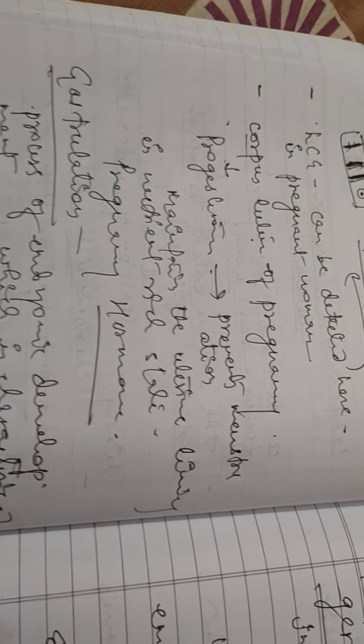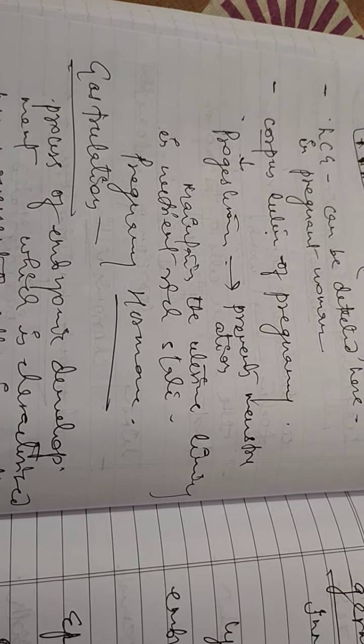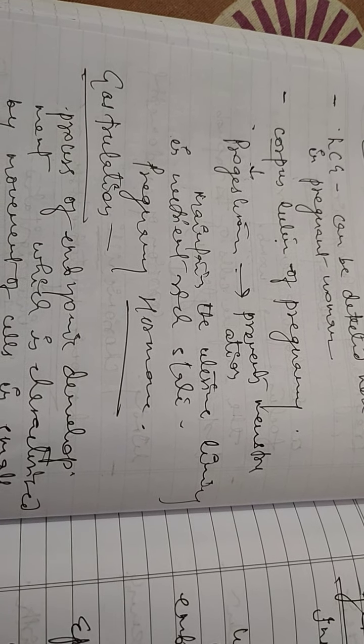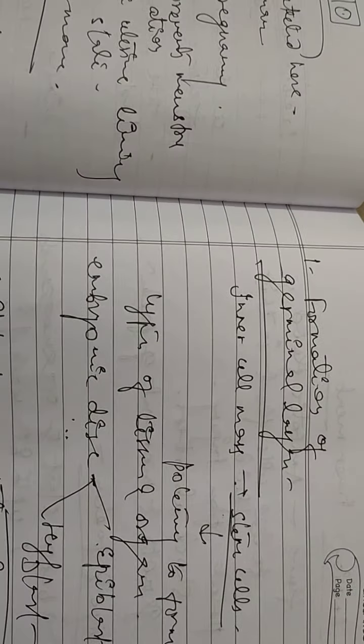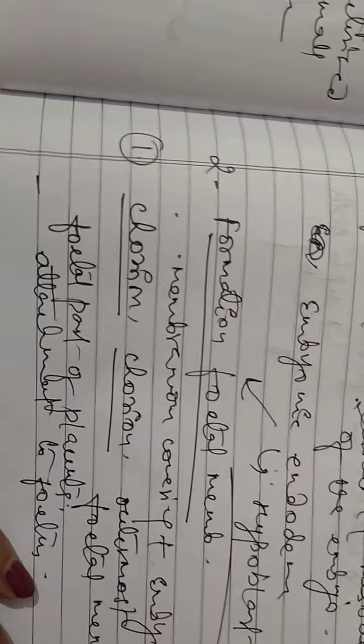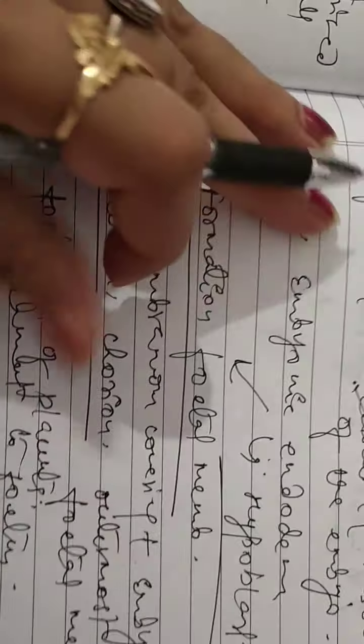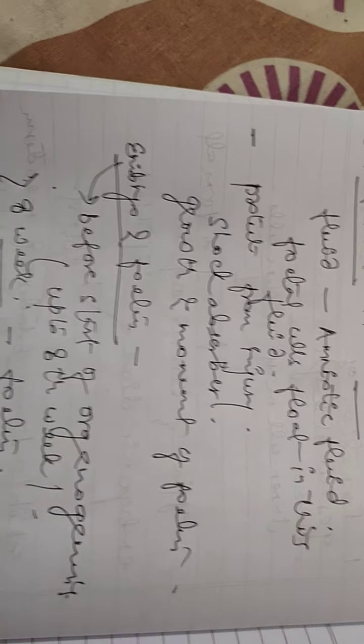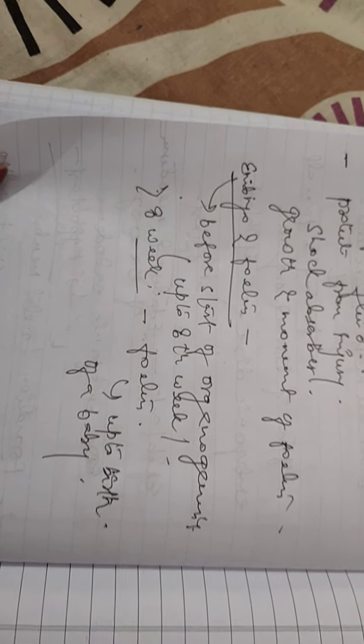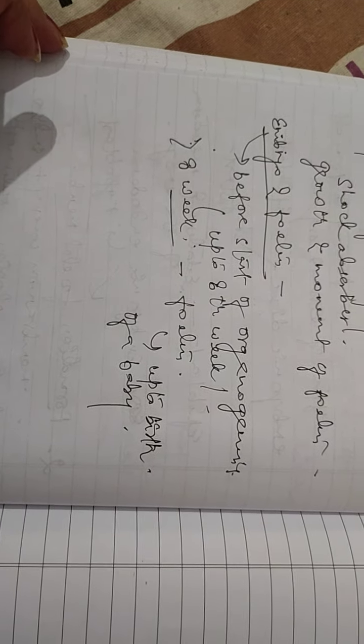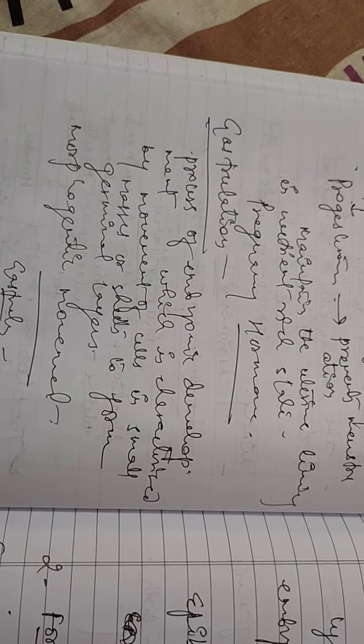Then the function of hCG, how the corpus luteum maintains the pregnancy by secreting progesterone, then gastrulation and formation of germinal layers, then formation of fetal membranes: chorion, then amnion, then embryo and fetus. So this is all about embryogenesis.